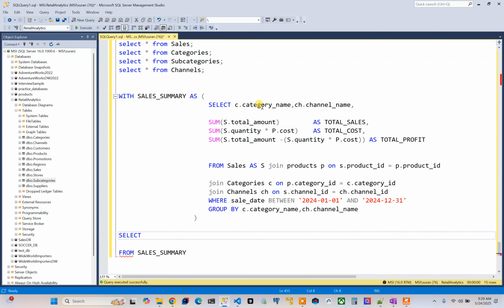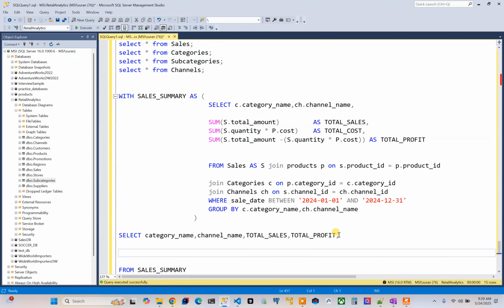What we want to get: category name, then channel name, then obviously we'll get all this metrics. So I will just take the column name of all this metrics. Total cost is not required, total profit is required.